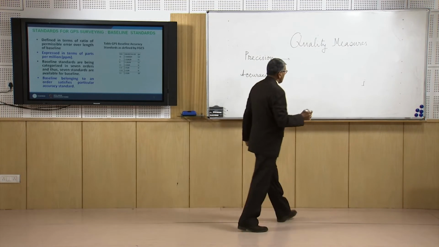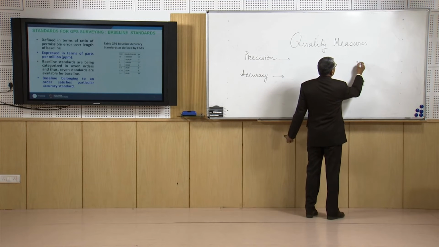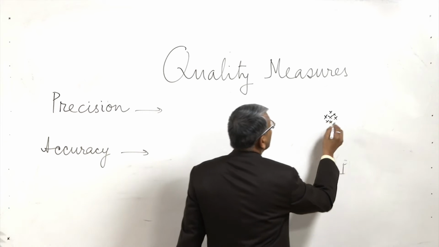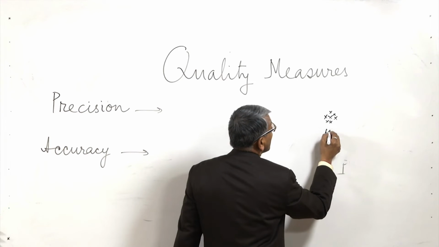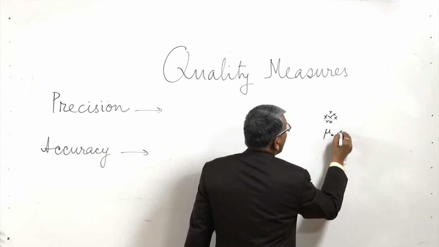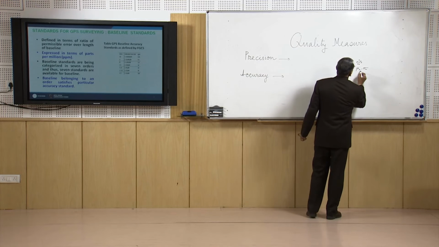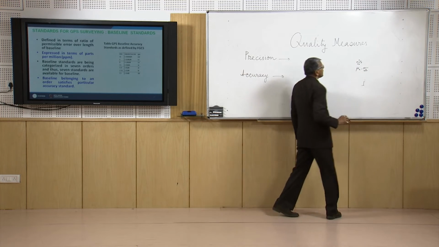As you know, precision means having the measurements close to each other, and if I have a set of measurements like this, I will have a mean and standard deviation of the measurements.